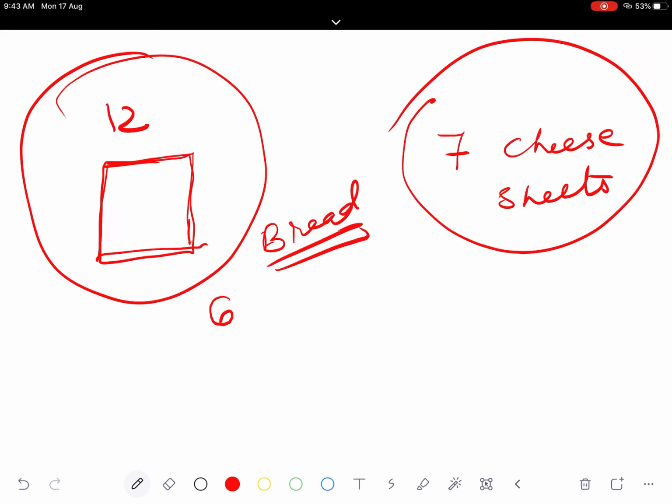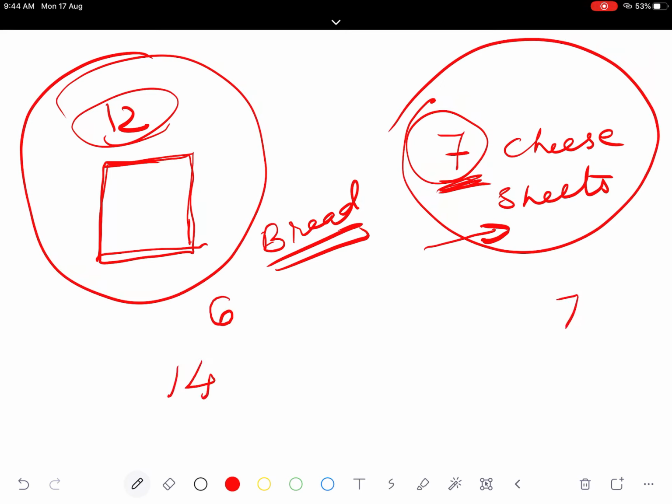Only 12 are there, but here 7 cheese sheets. One cheese sheet is extra. So in chemistry, keep this relation in mind. Don't look at the number. For 7 cheese sheets, there should have been 14 bread pieces. So here it is less in quantity.